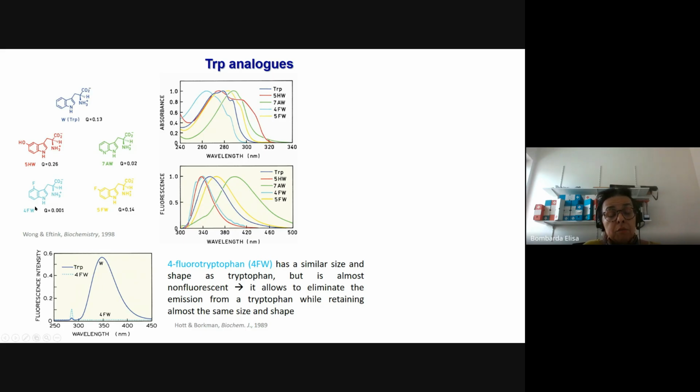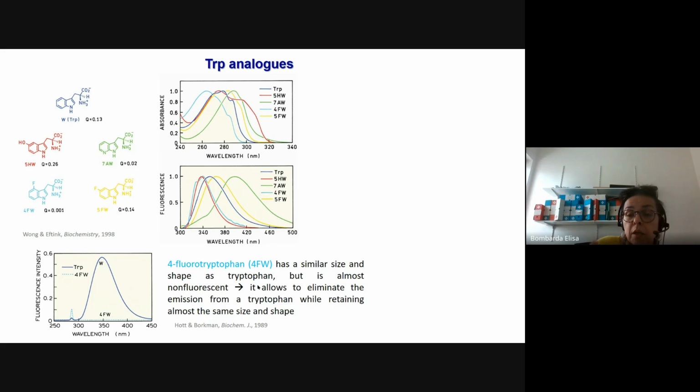And it can also be useful to have a non-fluorescent probe, or let's say non-fluorescent tryptophan analogs. Of course, since it is not fluorescent, it is maybe not very useful as a probe, but it can have another function. Since it's very, very similar to the natural amino acid, it can be substituted, for example, in a multi-tryptophan protein.